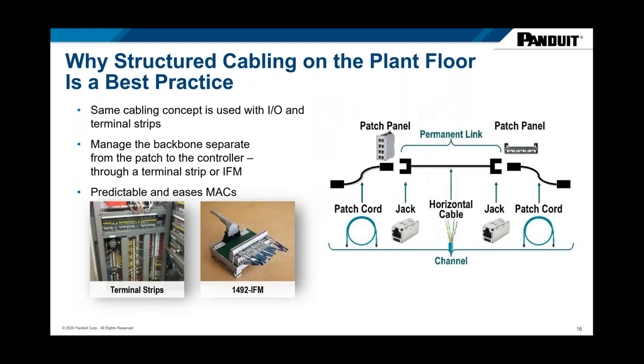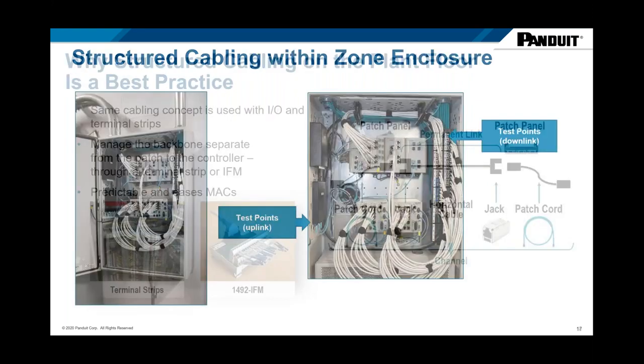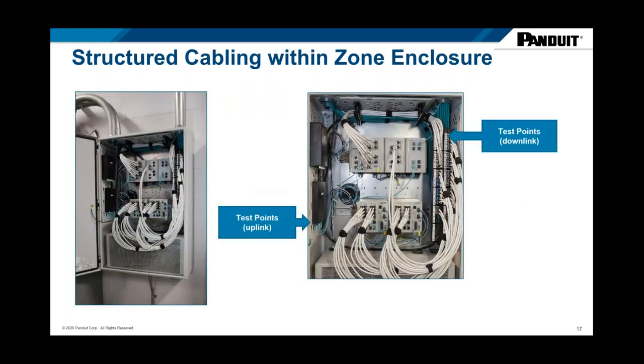And here's a quick look at what that looks like in the field. This is a zone enclosure with access layer or distributor A level switches. So in a moment, we're going to turn the presentation over to Jim.